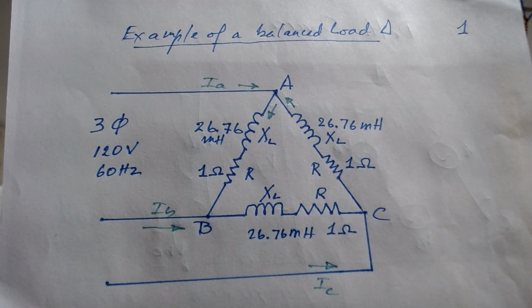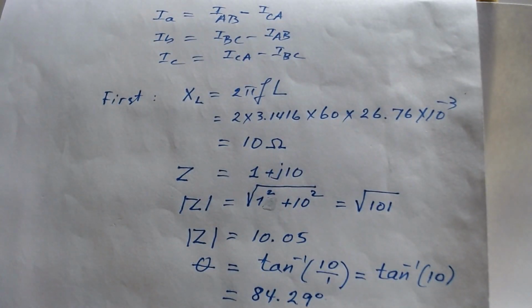Similarly, IB is equal to IBC minus IAB, and IC is equal to ICA minus IBC. Please notice that the relationship between a line current and two phase currents are of complex numbers.